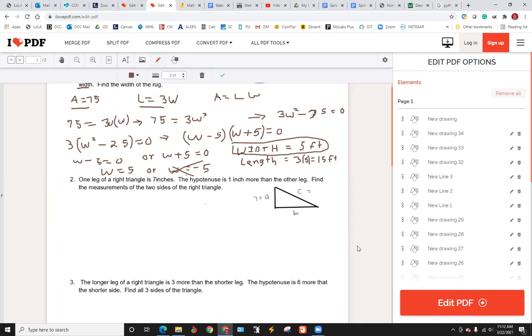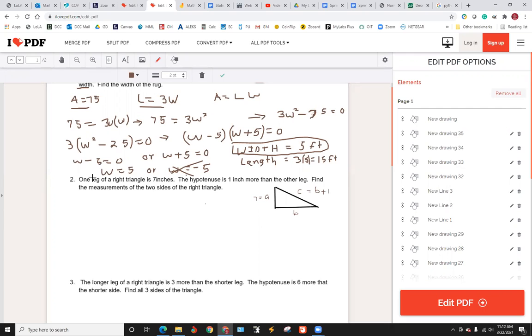Did I mess something up again? My triangle is 7 inches. The hypotenuse is 1 inch more than the other leg. So this is the other leg. So they tell us one leg is 7 inches. So this is B plus 1. Because we want to only have one variable.